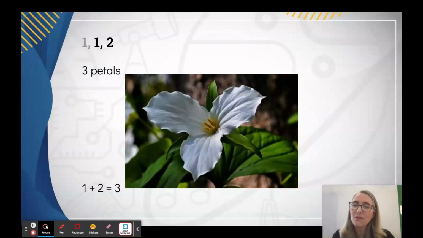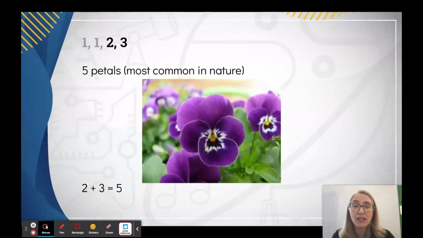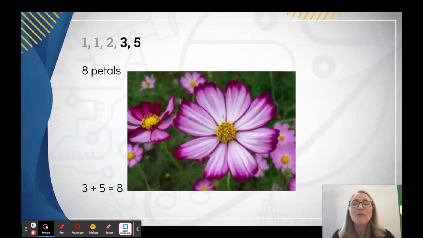You won't very often find a flower that only has 4 flower petals. The most common in nature are these 5 flower petals as found on this pansy. 5 plus 3 is 8. And so many flowers that you'll find like this cosmos will have 8 flower petals.